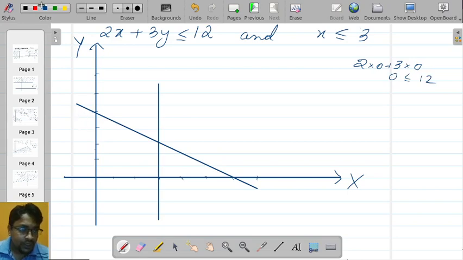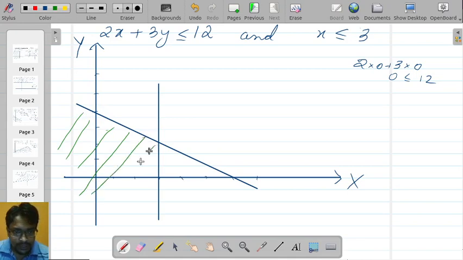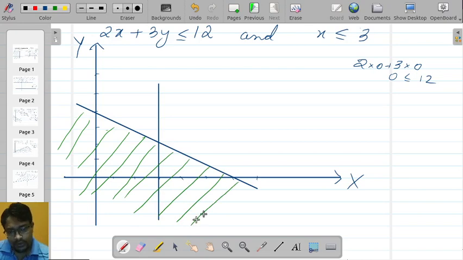So the region towards the origin will satisfy this inequation. Anything which contains the origin is the region corresponding to 2x plus 3y less than or equal to 12.